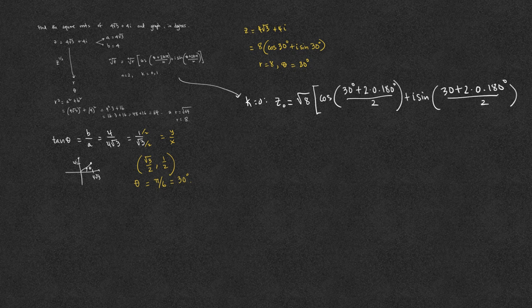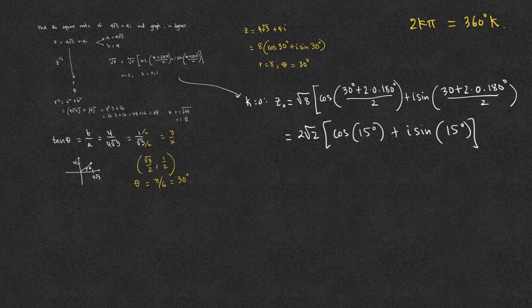Observe that to use degrees, instead of using 2k pi, we can simply use 360 degrees times k, and it will work as well. Simplifying this, the square root of 8 is 2 root 2. Cosine of 30 plus 0 over 2 is 15 degrees, plus i sine of 15 degrees. And this is the first solution when k equals 0.